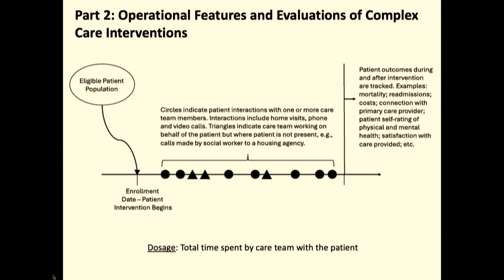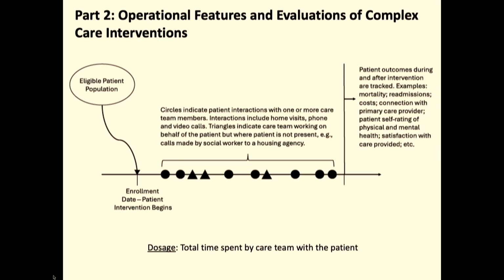Once they've defined the eligible population, you enroll the patient, and then there is a series of interactions, which is basically a stochastic process, which unfolds in time. The stochastic process consists of interactions, touch points between the patient and one or more members of the care team.